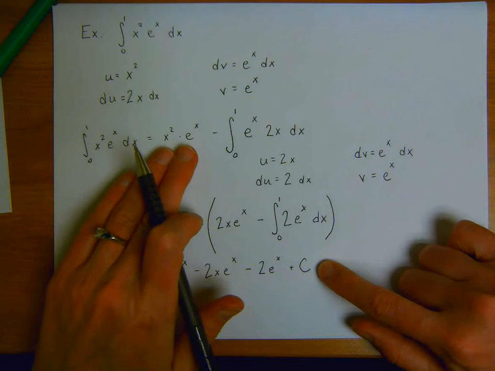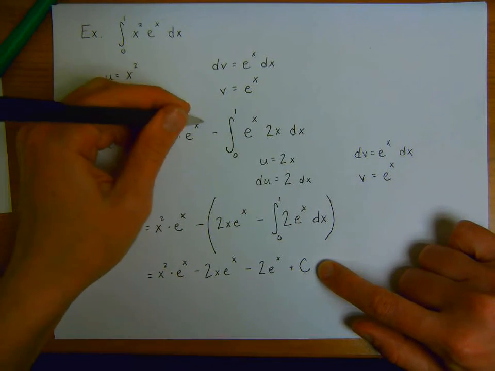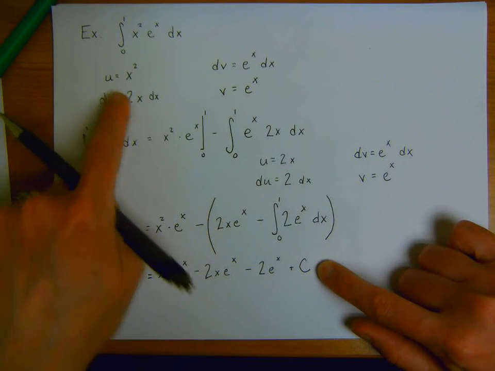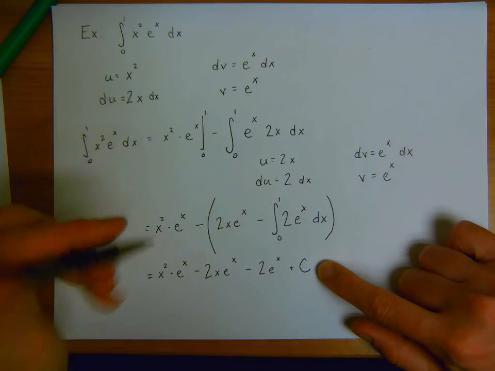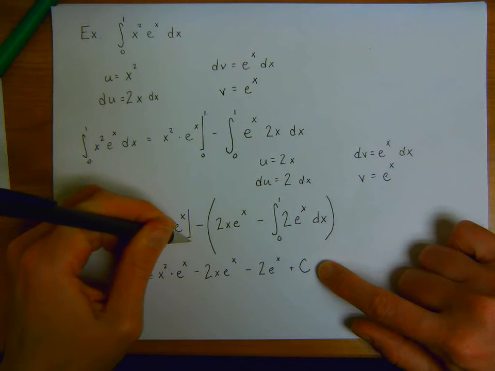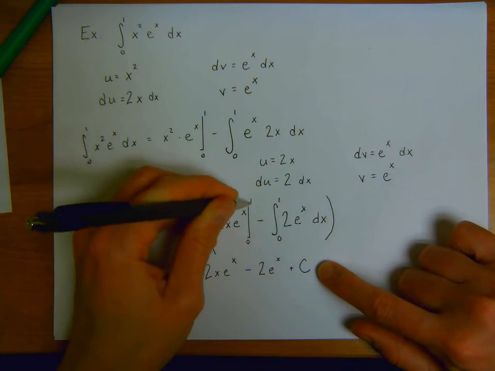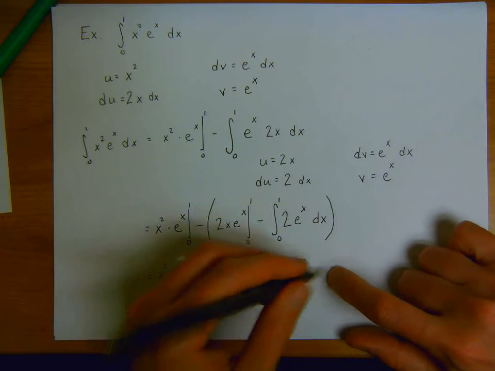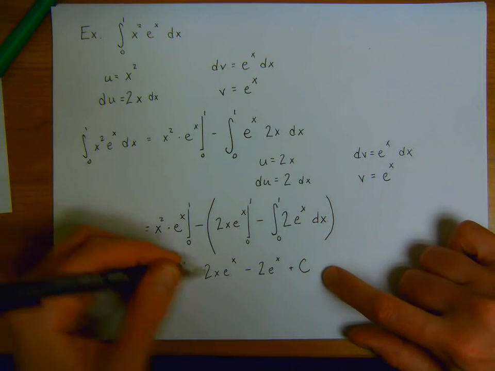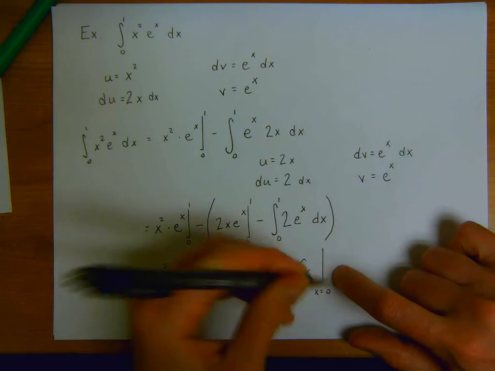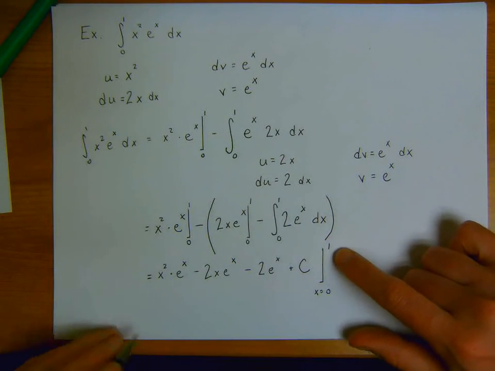But also, these functions need to be evaluated from 0 to 1, when I did this integration by parts and got u times v, it is also evaluated from 0 to 1. And so this entire expression, I'm actually going to write it evaluated as x goes from 0 to x goes to 1.